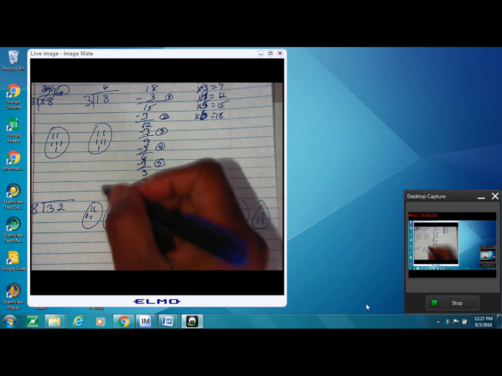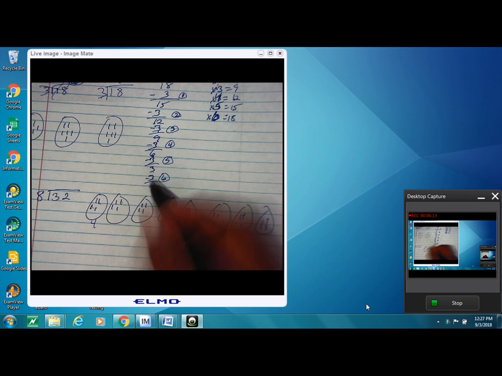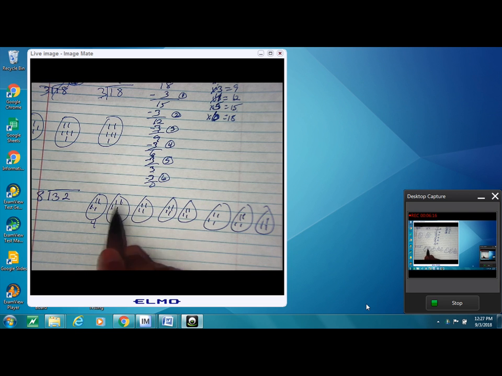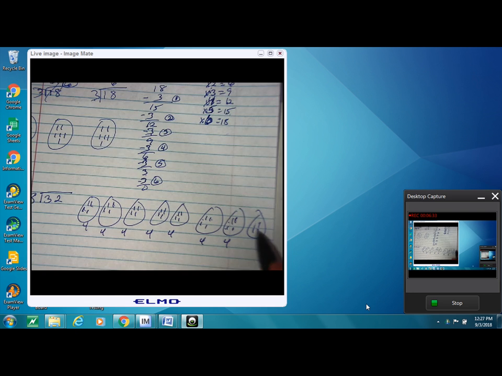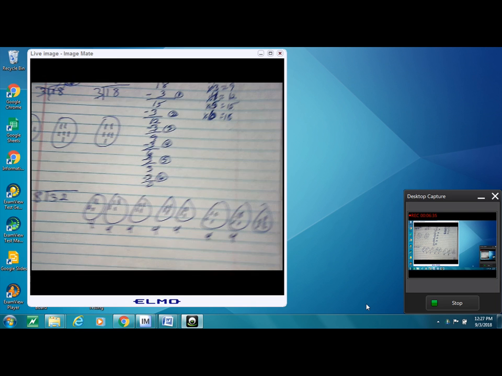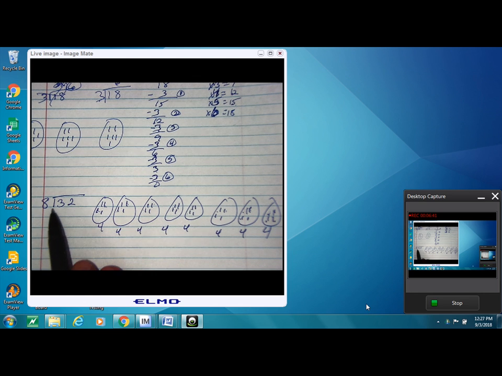All right, so there's 1, 2, 3, 4 in this group, and 1, 2, 3, 4 in each of the other groups, all eight of them. So we had all 32 and we split them up in each group.